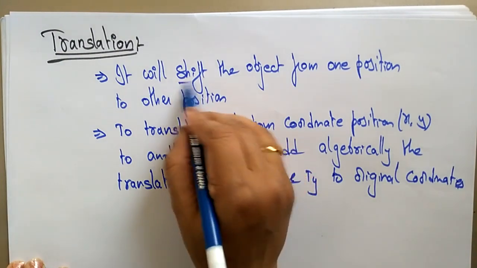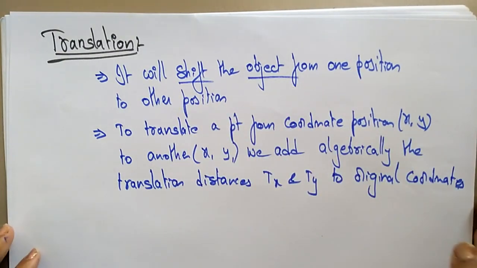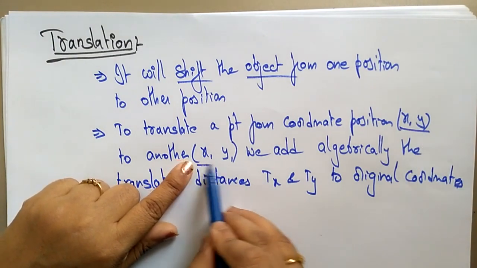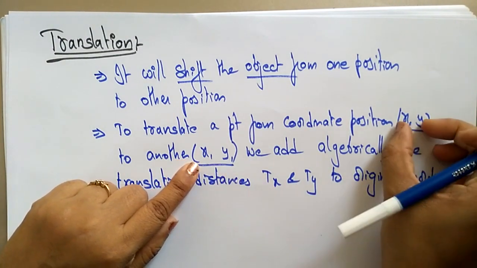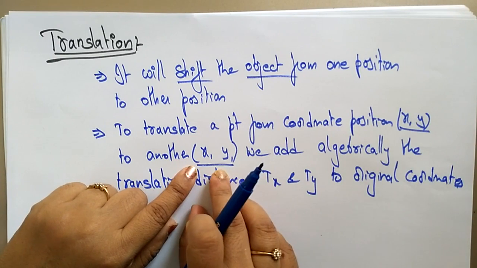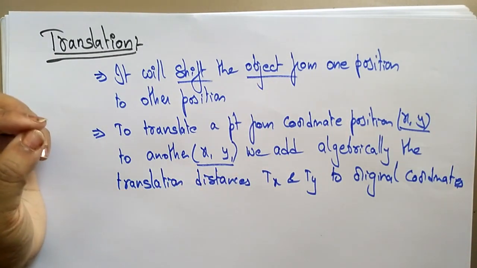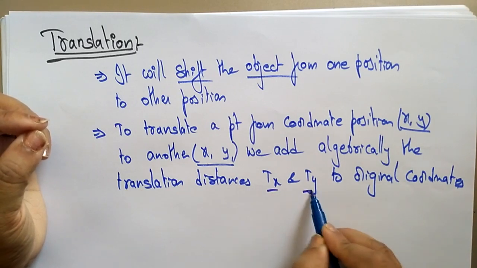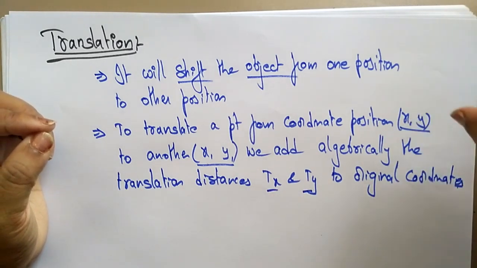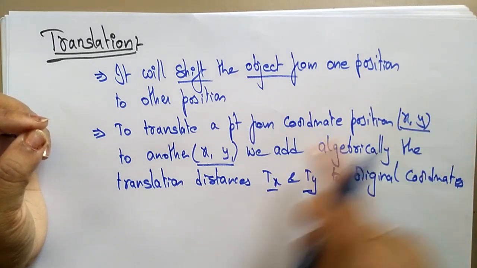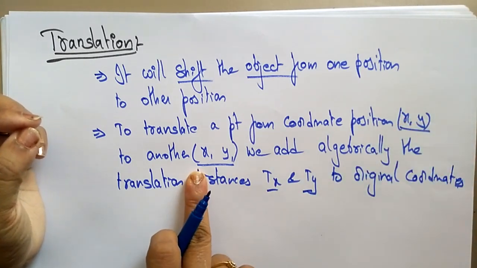Translation is nothing but shifting the object from one position to another position. So let's take one position is x, y and another position is x1, y1. I want to change the x, y object to x1, y1. So how can I change? I simply add the algebraic translation distance tx and ty to the original coordinates. Whenever I add tx, ty to the original coordinates, I'll get a translated image.